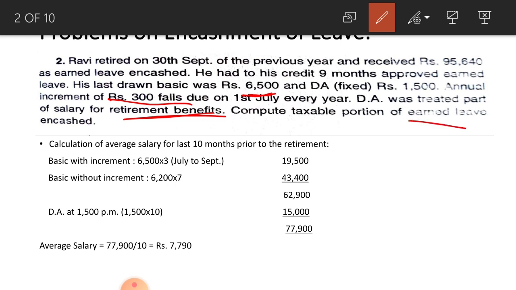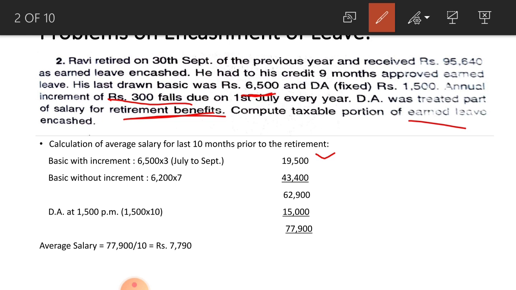Okay, here let us solve this problem. See, calculation of average salary for 10 months. First, basic with increment, that is for 3 months, as I told you earlier, 6,500 from July to September, that amounts to rupees 19,500.